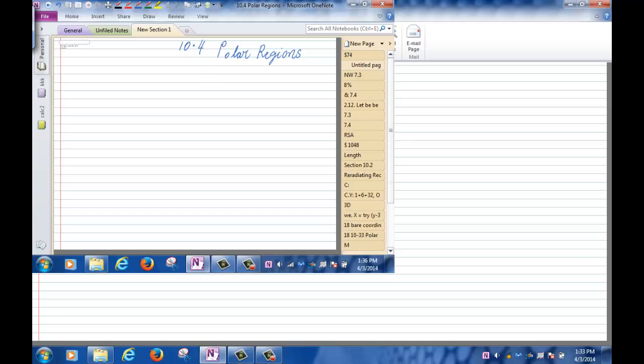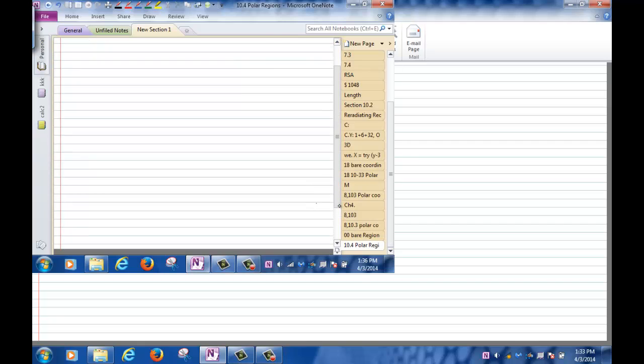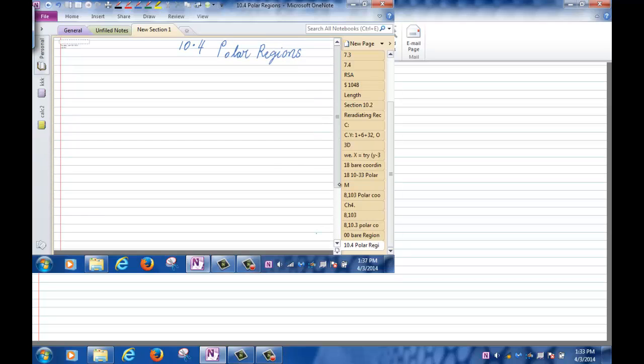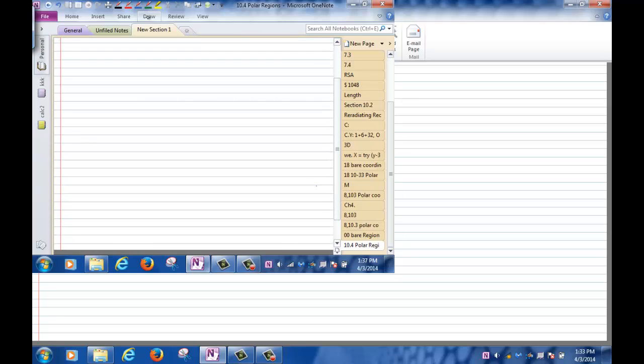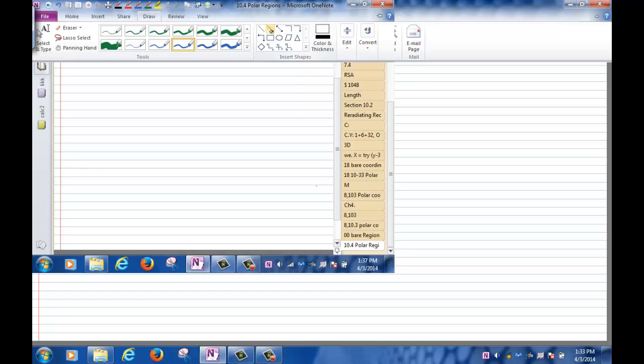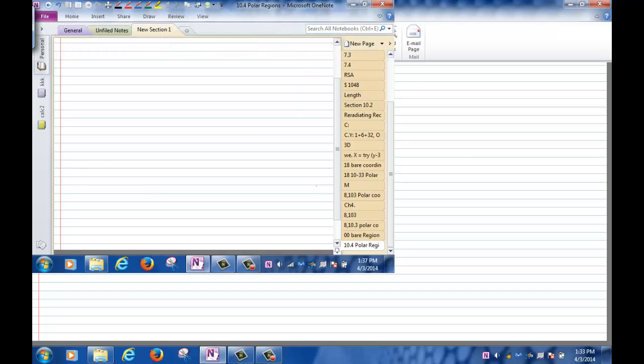Okay, so let's make a sketch of the kind of region that I'm talking about. So let's say I have my horizontal axis here.